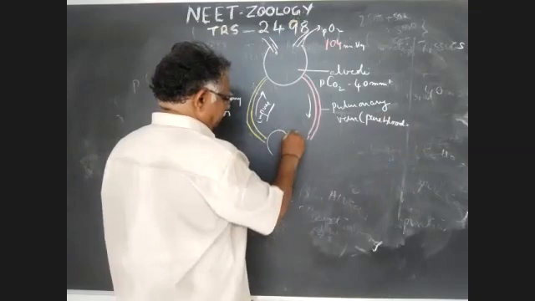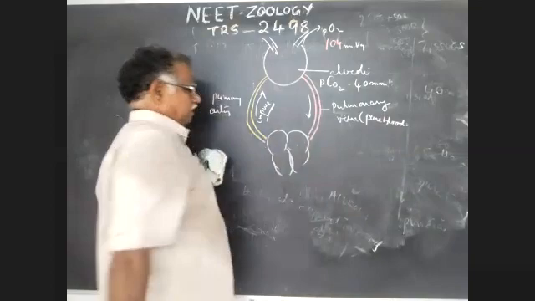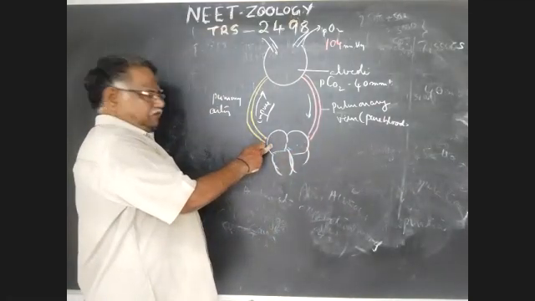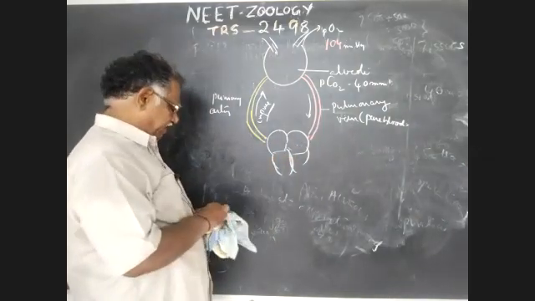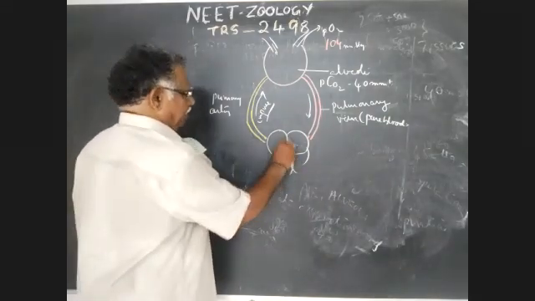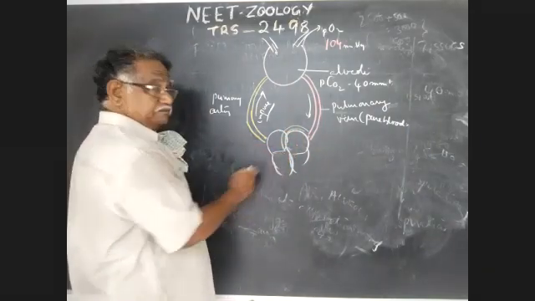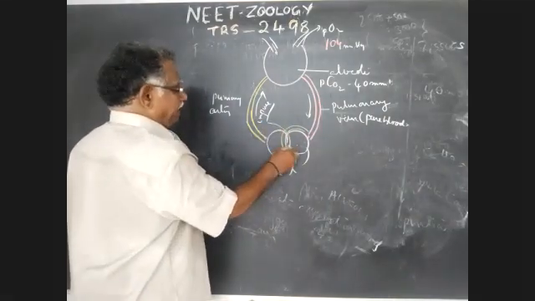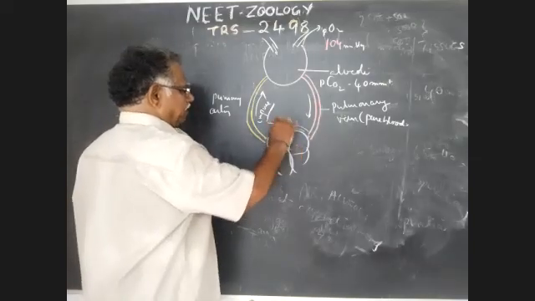This is the heart. Right auricle, right ventricle. Left auricle, left ventricle. From the left ventricle, the systemic aorta starts. From the right ventricle, the pulmonary artery starts.